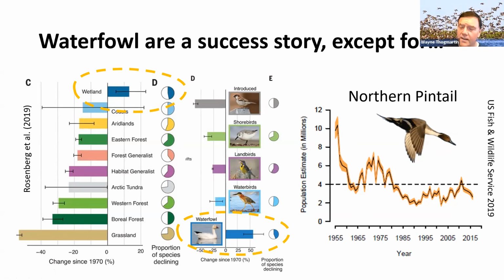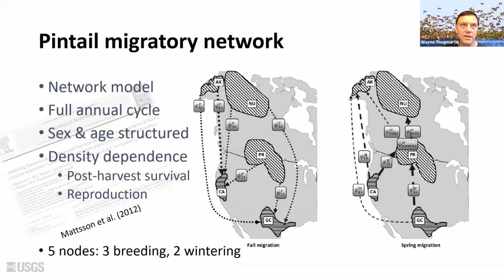It's exhibited a very long-term decline in abundance, well below population goals set for the species. I mentioned very briefly earlier in the week why that might be, but we can follow up on that. So how do we employ these network approaches to understanding the dynamics of pintails?